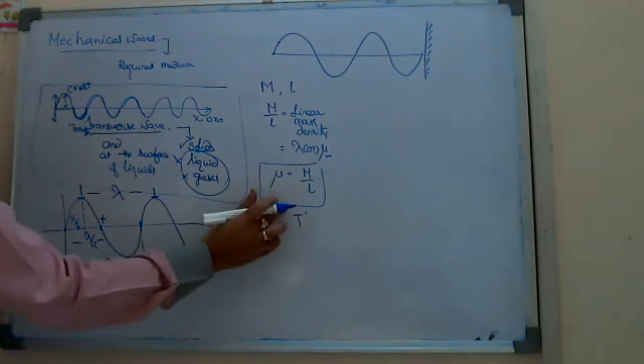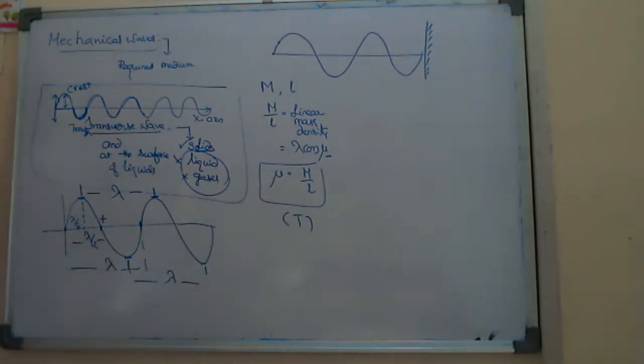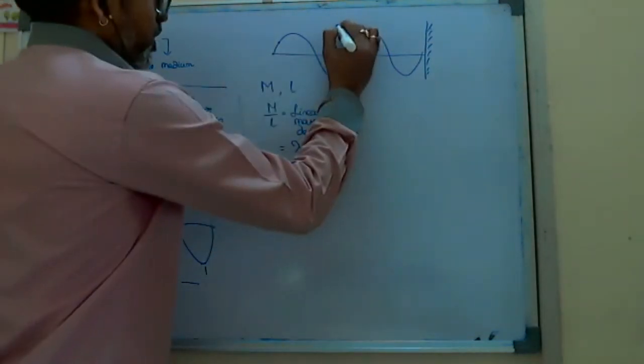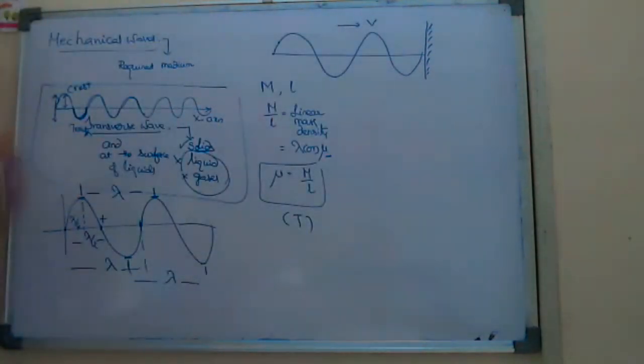So we require some tension. So the hero of this transverse wave is the tension. Tension is a must to create the transverse wave. So while propagating, suppose with some velocity here, whether it is constant or variable, whatever it may be.